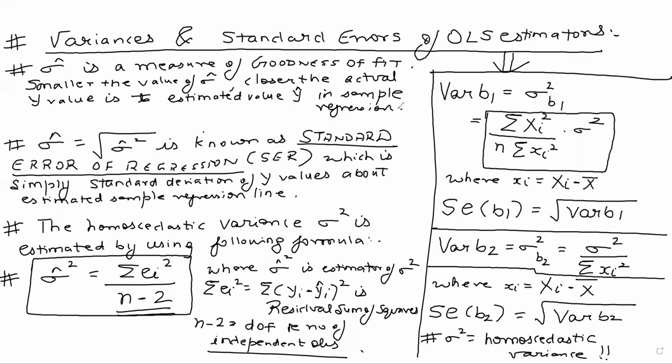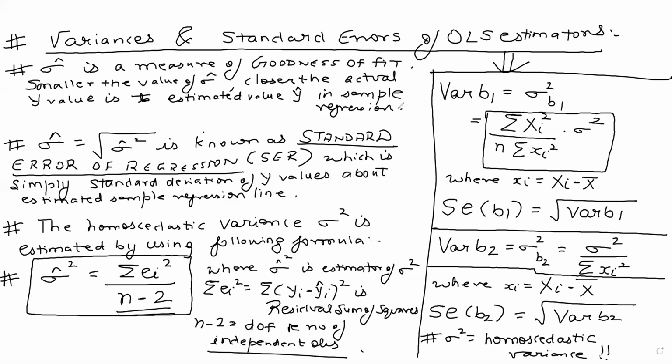So sigma hat, also called the standard error of regression, measures the goodness of fit. Goodness of fit simply means how good your sample regression model is, how properly you have fitted the regression line for the sample.